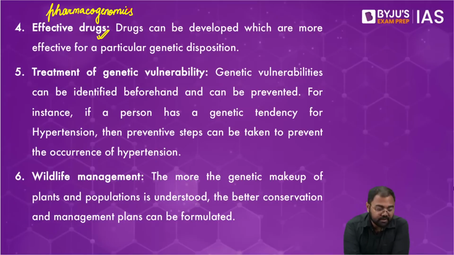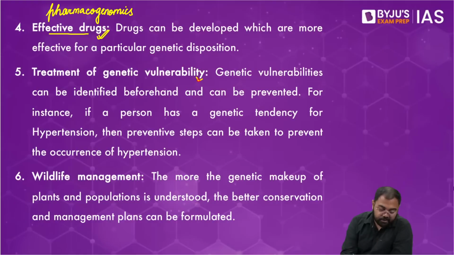That is what pharmacogenomics is about, right? So it becomes very useful in making effective drugs. With an understanding of the genetic structure, the entire DNA structure of a person, we'll be able to make better drugs with regard to those genes. So to make effective drugs, we can make use of DNA fingerprinting.